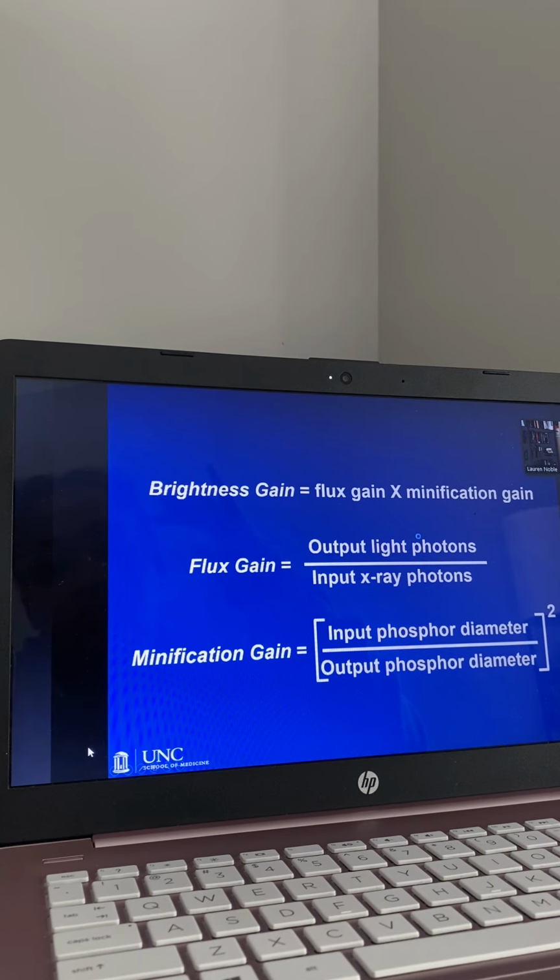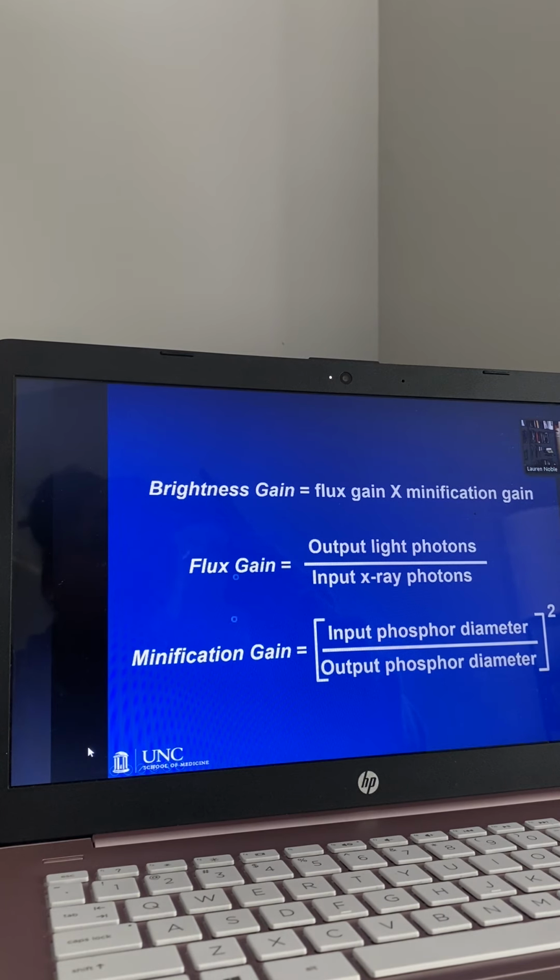So all of these have formulas associated with them. Brightness gain is flux gain times minification gain. Here's flux gain, it's the output light photons divided by the input X-ray photons, and here's minification gain. It's the input phosphor diameter divided by the output phosphor diameter, and it happens to be squared.